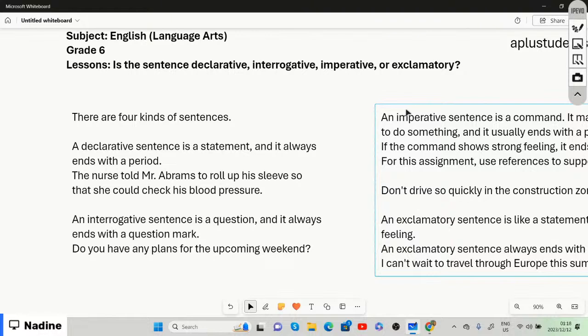A declarative sentence is a statement that always ends with a period. It's basically you just telling people things.